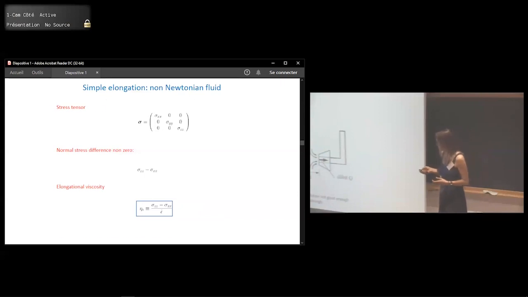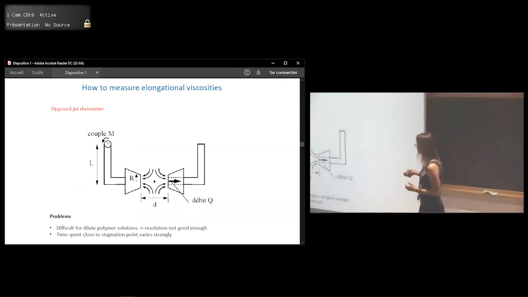So people tried to create a stagnation point flow. Remember, the typical flow describing an elongational flow is a stagnation point flow, which when we look at the streamlines looks like that. It is actually the same that you would recover if you looked inside a slab that you stretch in one direction and that retracts in the other direction.